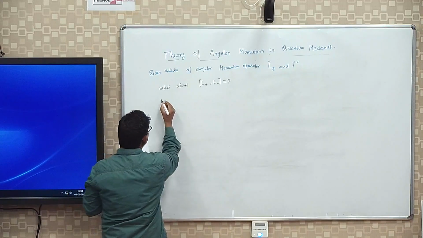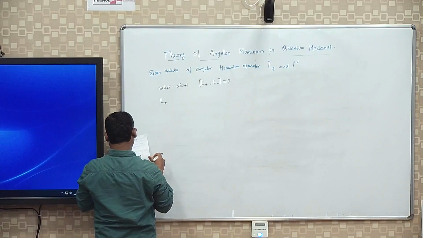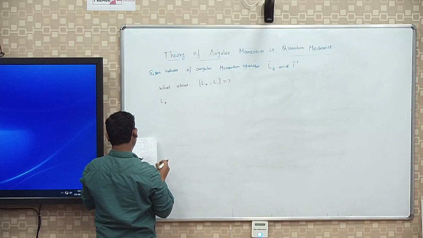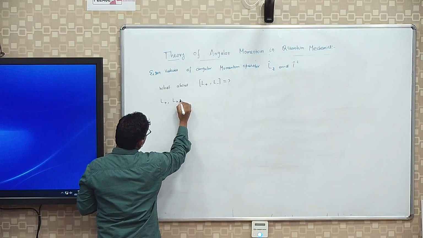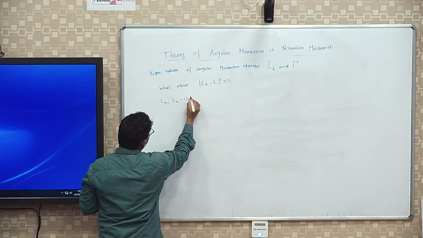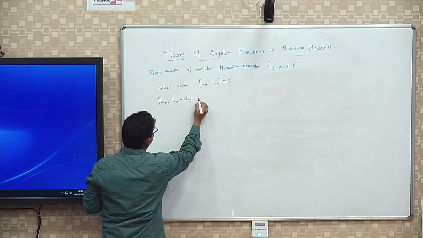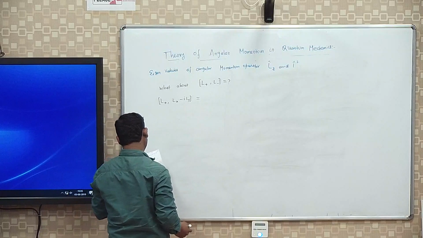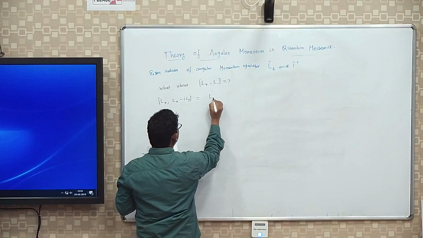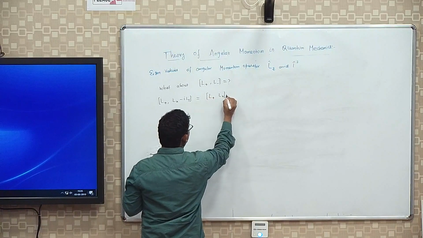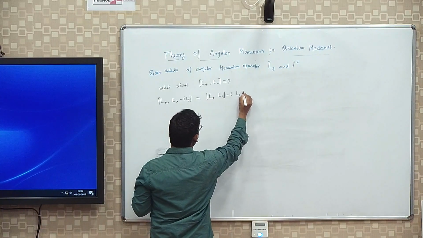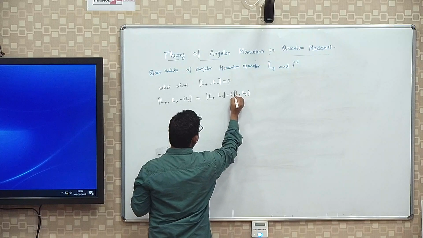Take L plus and L minus. We know that L minus is Lx minus i Ly, and then we can extend this to L plus with Lx minus i L plus with Ly.